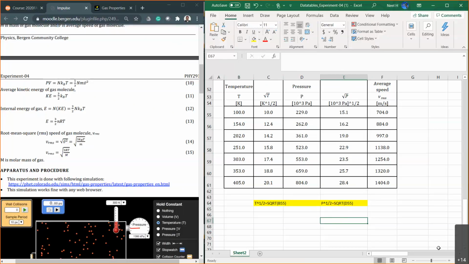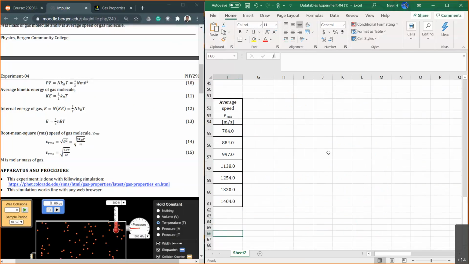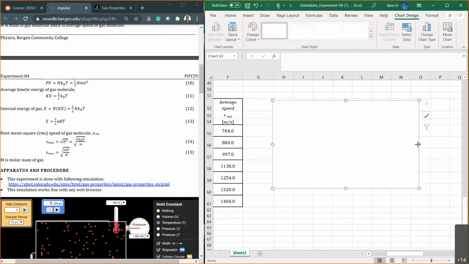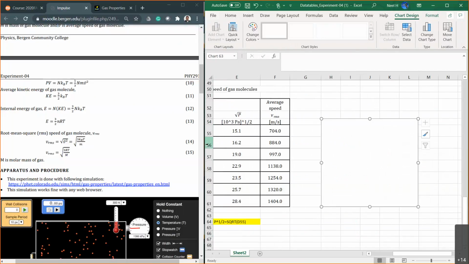Okay, then let's continue. Now let's take a look. Two more graphs. I need the graph sheet, insert, scatter plot, and then let's make one graph, VRMS versus T to the power 1/2.